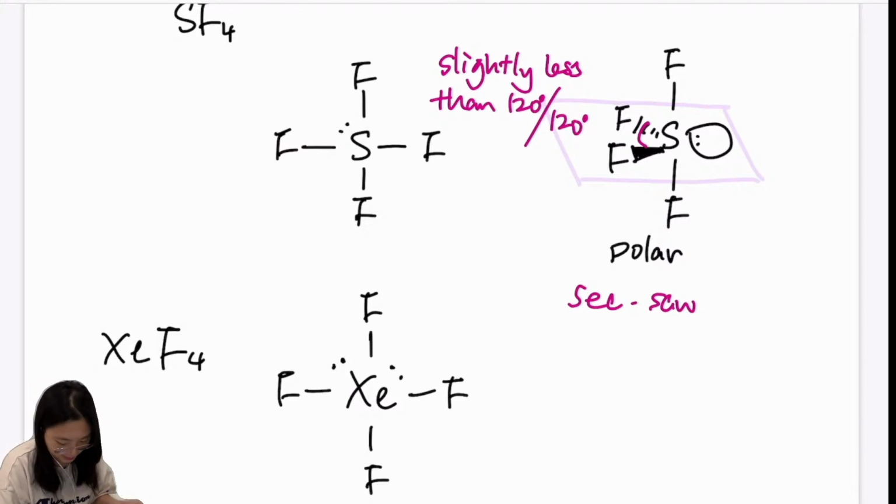Xenon tetrafluoride has 12 valence electrons, which is greater than 8. So it's not following the octet rule, but this is the most ideal Lewis structure that I can come up with. So for atoms like xenon, if it's the central atom and it's bonded to a halogen, then it reaches this overfilled octet state.